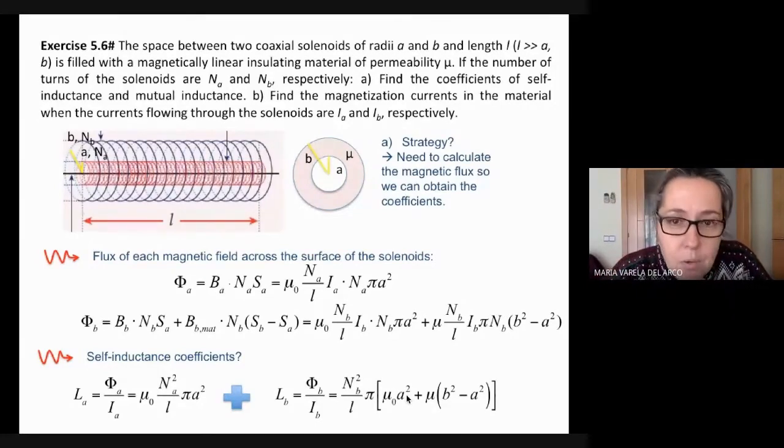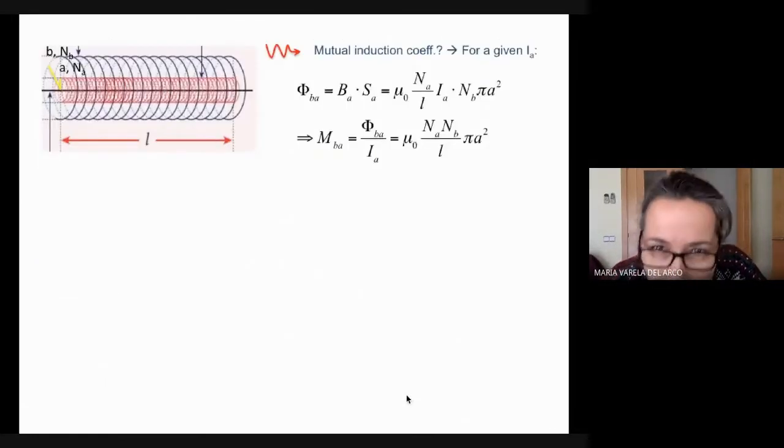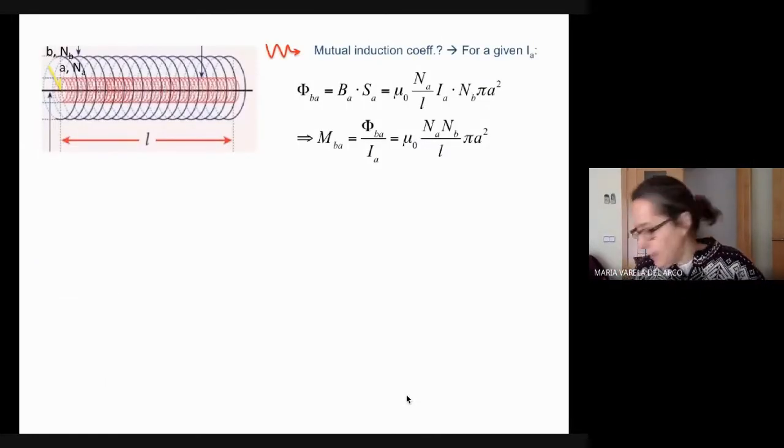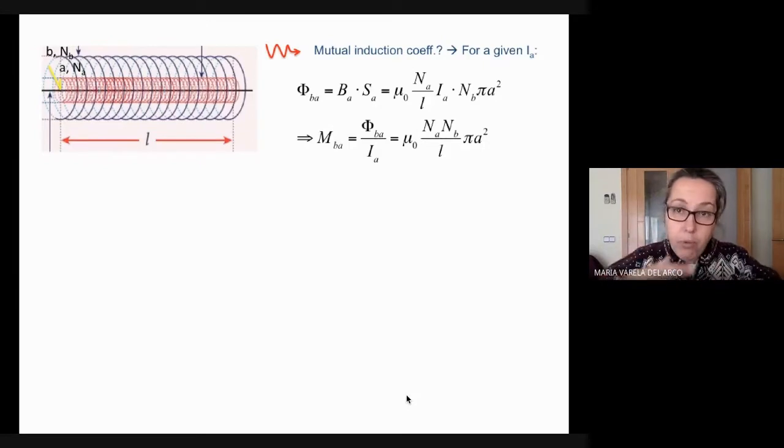So now, how about the mutual induction coefficients? Now is when we're going to take into account that we can have an intensity going on along both of them simultaneously.